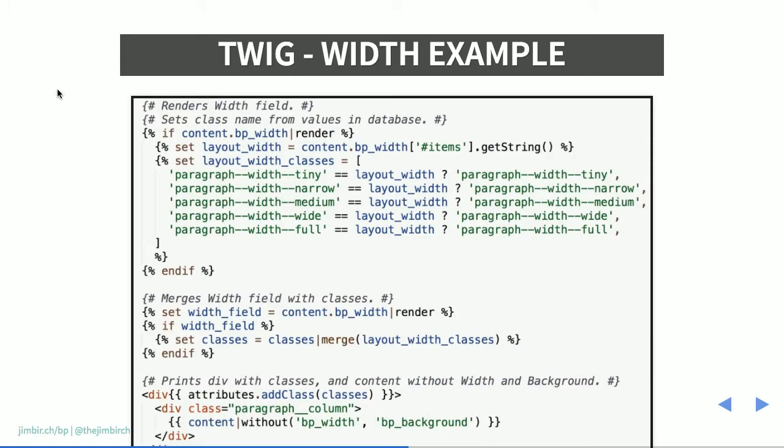If you're not used to Twig, it looks a little crazy. But at the top, we're rendering the width field first. We basically say what's on the left comes in our classes on the right. So technically, we could have a 1, 2, 3, 4, 5, 6 in the database, and then on the right, we could have our classes.